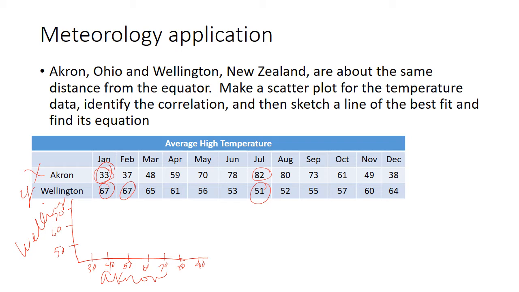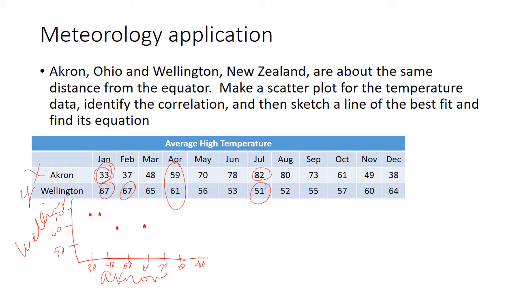So I'm going to go to about 33 and then go up to 67. Then I'll go to 37 and go to about 67. 48 to 56. Be about right there. 59 to 61.